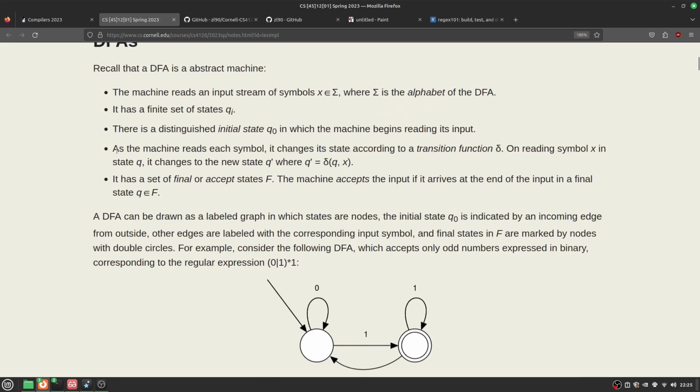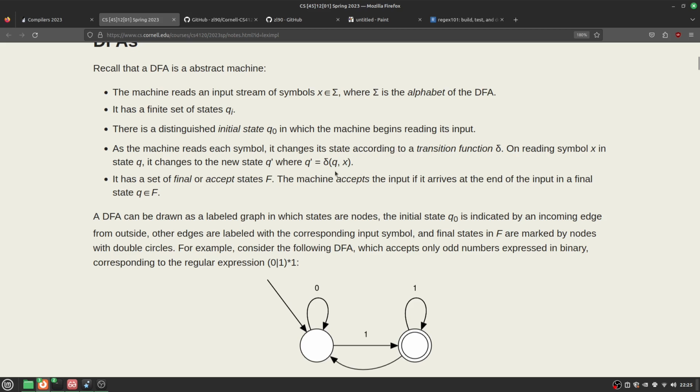Makes sense? As the machine reads each symbol, it changes its state according to a transition function delta. On reading symbol X in state Q, it changes to the new state Q prime, where Q prime is equal to delta of Q and X.